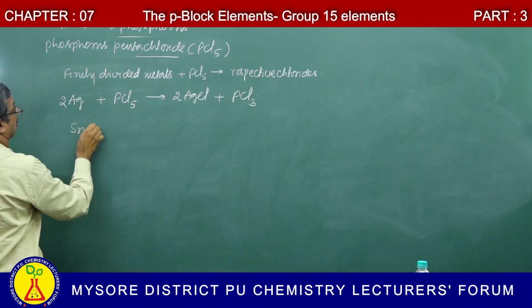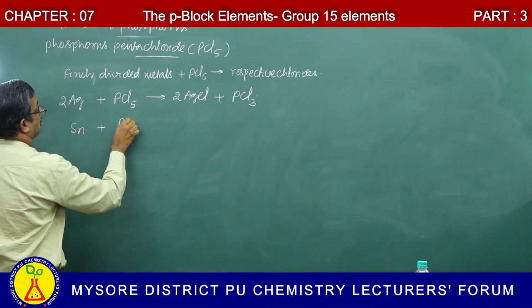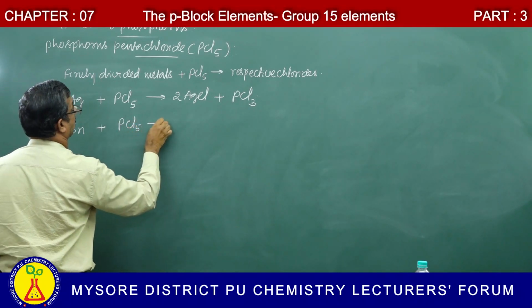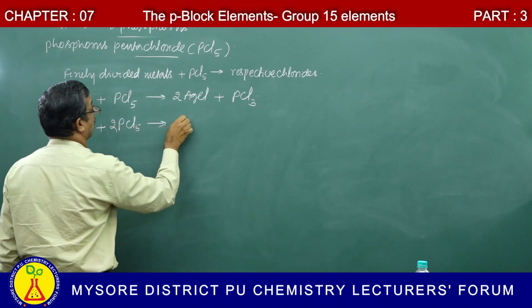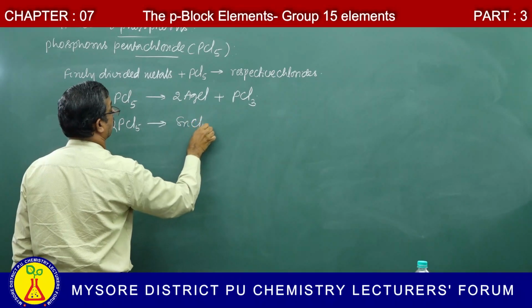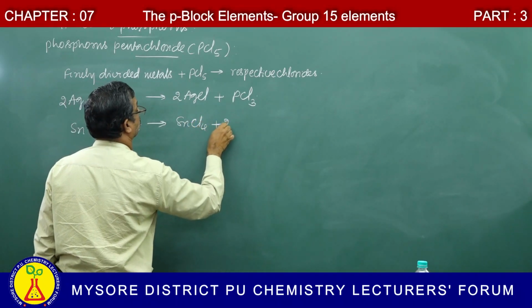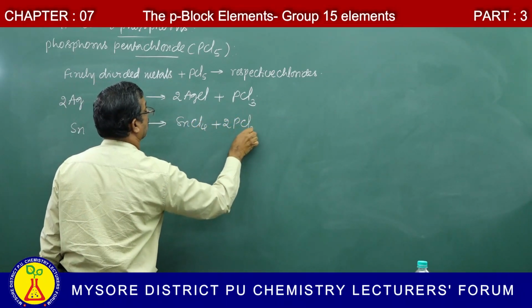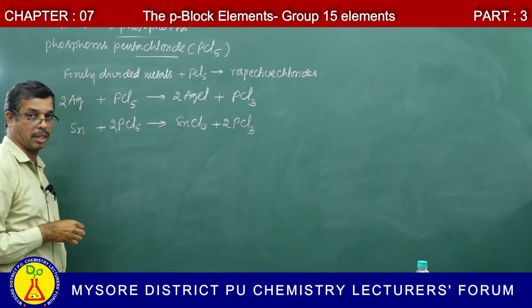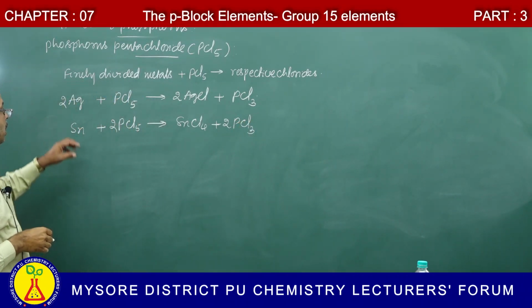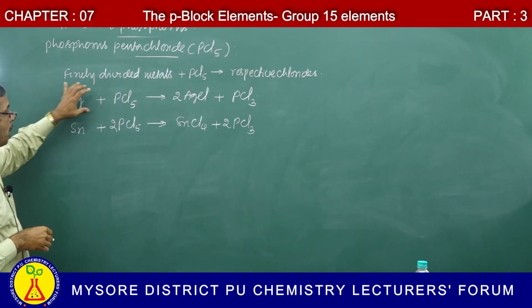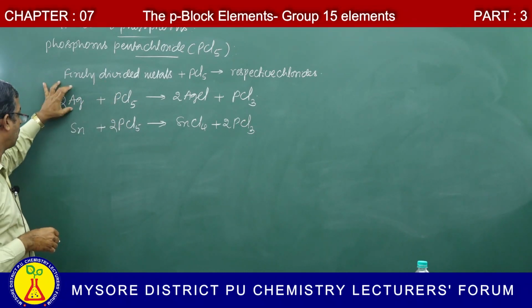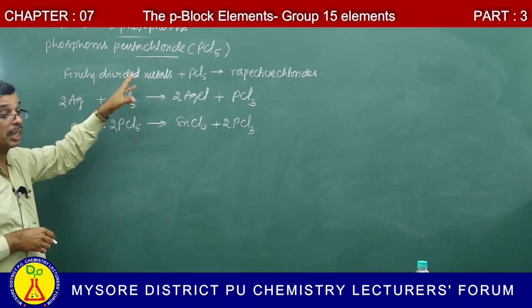Sn, tin plus PCl5 gives SnCl4 plus 2 PCl3. Okay, so this is all about the reaction of PCl5 with metals on heating.